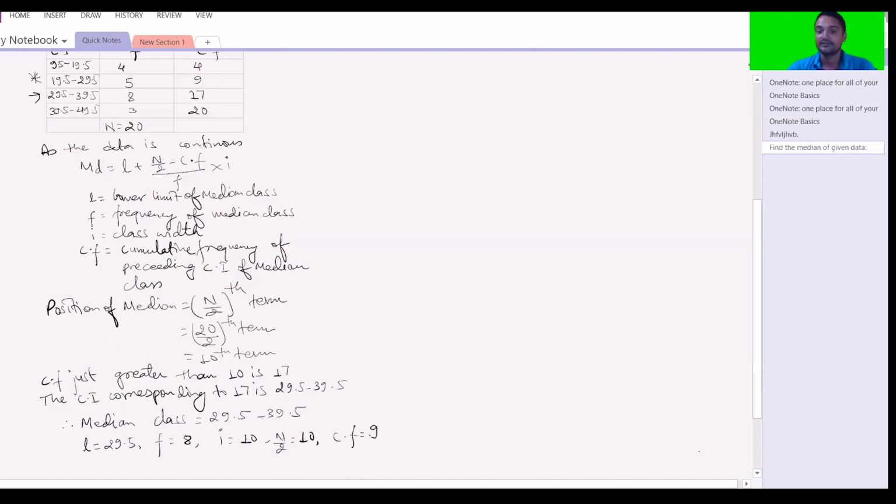I think it's clear. Now we are going to solve using the formula: median equals L plus n by 2 minus CF over F into I. The value of L is clear, right? It's 29.5. N by 2 is 10.